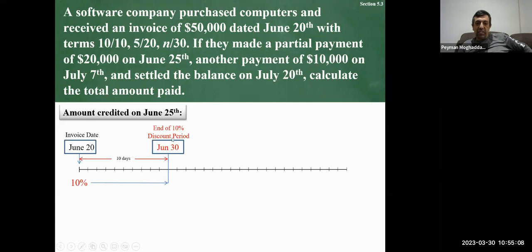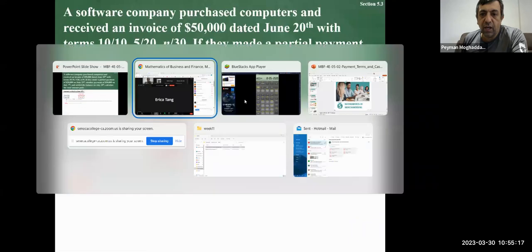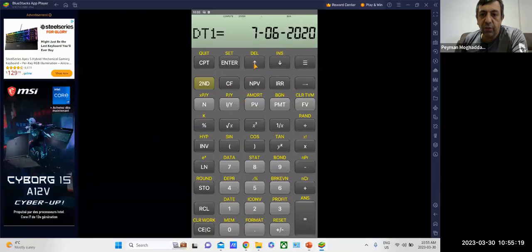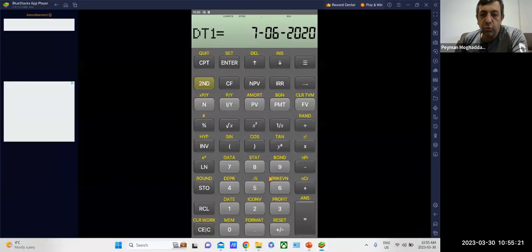June 30 is easy, but for 20 days after June 20, we need to find out with the financial calculator. So date 1 is June 20, let's say 2023, this year.